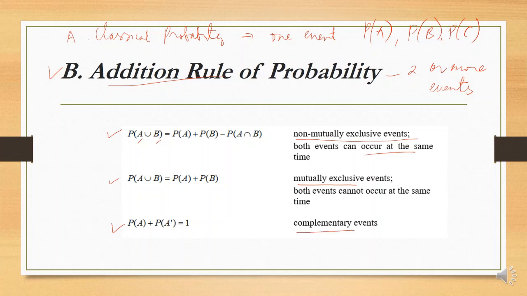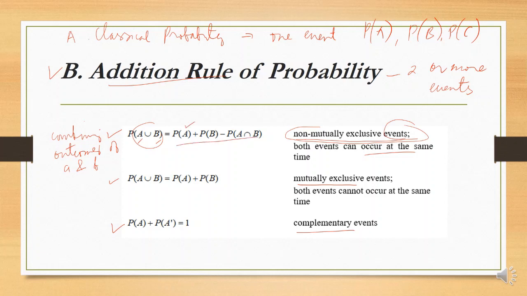Okay? So sa notation, kapag non-mutually exclusive events, ang P, A union B, pag sinabing A union B, we are combining the outcomes of event A and event B. Okay? So, combining the outcomes of A and B. For events that can happen at the same time, you have this formula.